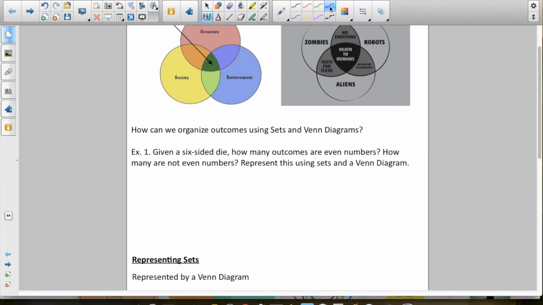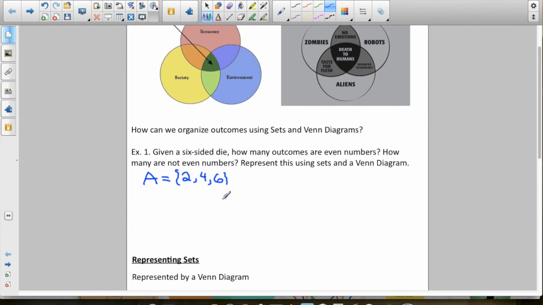So the first thing here is, let's call set A, so a set of numbers. Sorry for the awful scribbling. Let's say A are the even numbers. So I've got 2, 4, and 6.